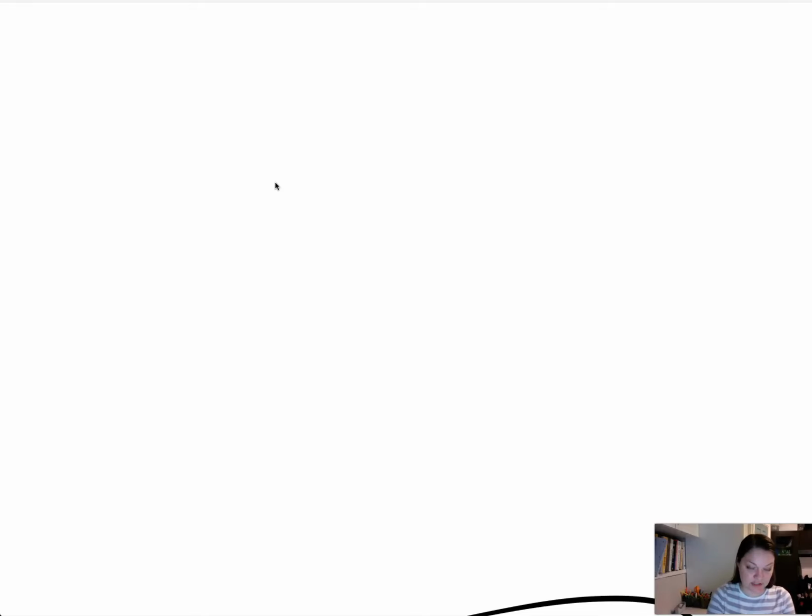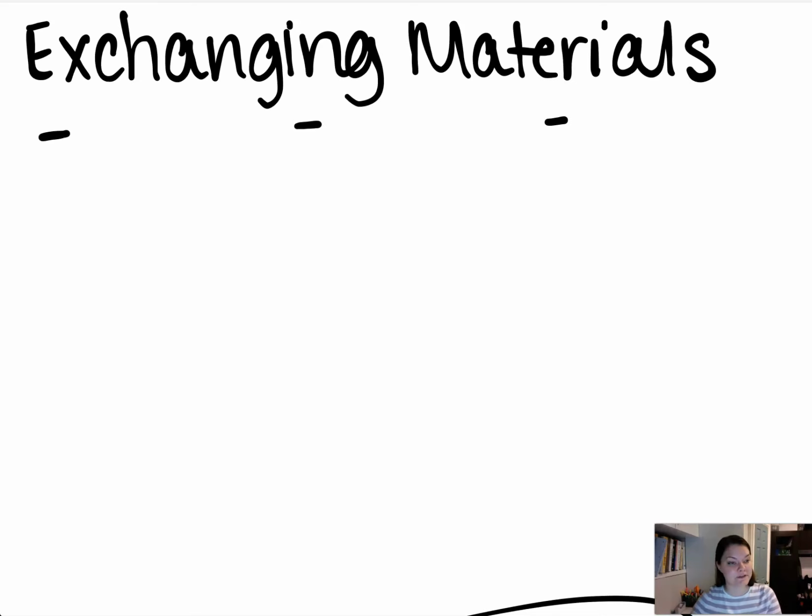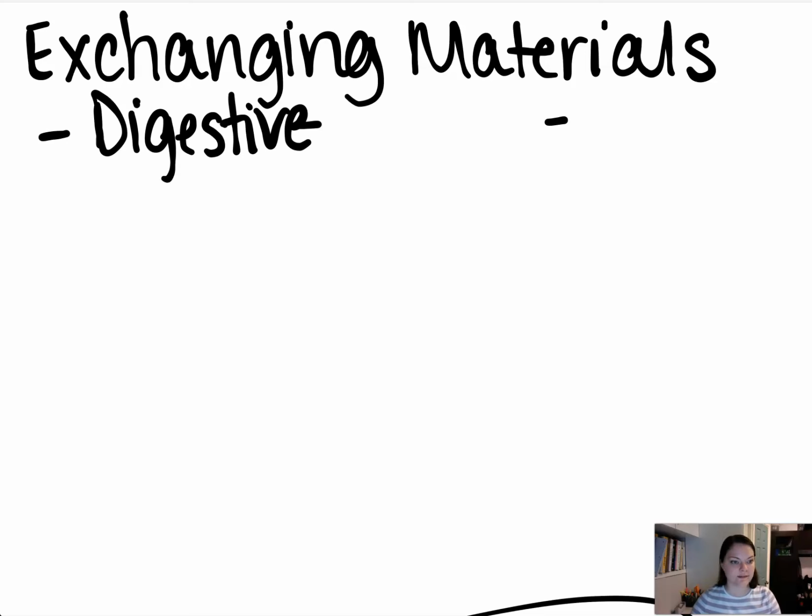So exchanging materials with the environment, we essentially have three different systems for that. We have the system that is bringing in food and nutrients. And with that, you particularly want to be thinking about glucose coming in the food that we eat and getting digested down because of glucose's importance in being able to provide the energy that the cells need.